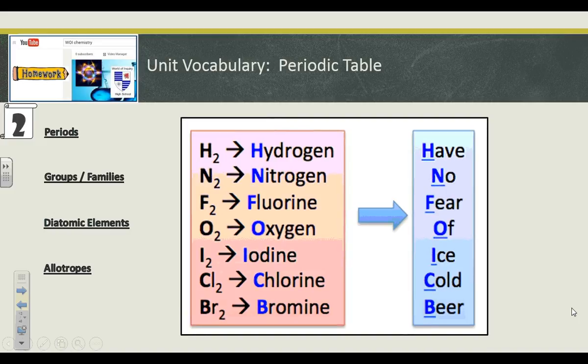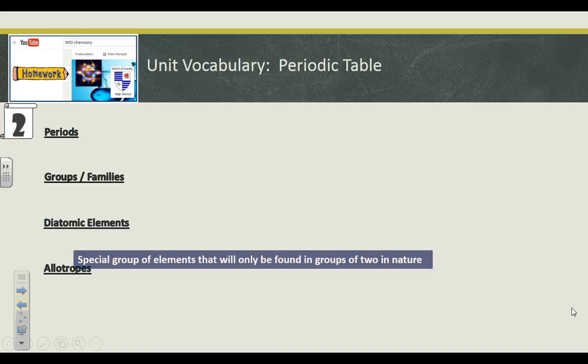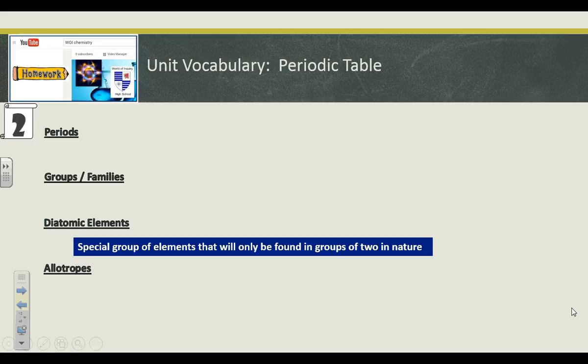Diatomic elements, these guys are all special. There's 7 of them. You need to memorize these. There's no place on the periodic table that tells us about them. They are a special group of elements that will only be found in groups of 2 in nature, like O2, N2. You'll never find oxygen as a single atom. It's too reactive. It's always bonded to itself in its element form, or it's found bonded to something else, like H2O.